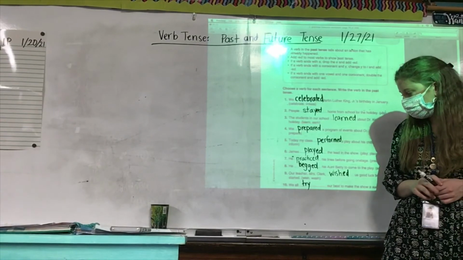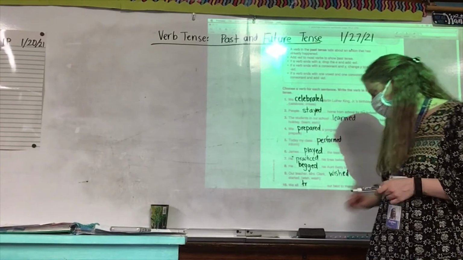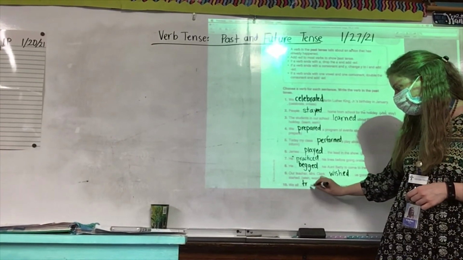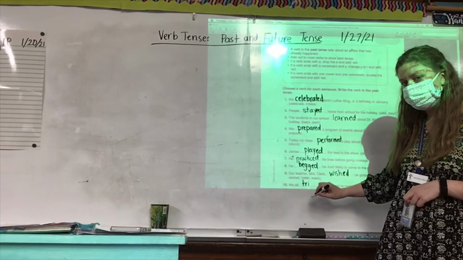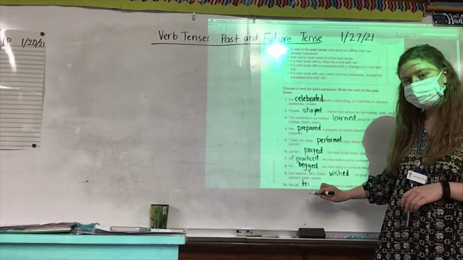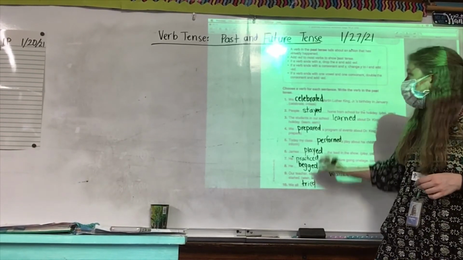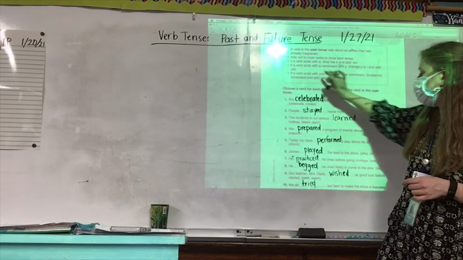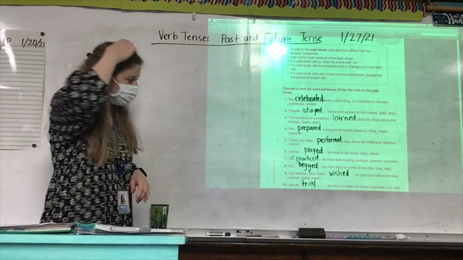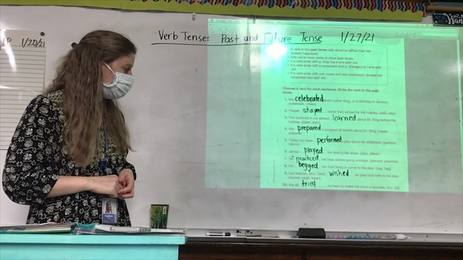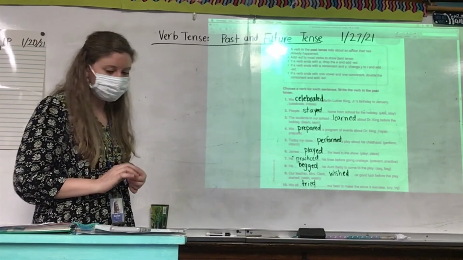We take the Y, add it to I, and add ES. ES? Is that what it says to do up here? ED. We change the Y to I and add ED. So Carla, what does the sentence say? The sentence says, we all tried our best to make the show a success.